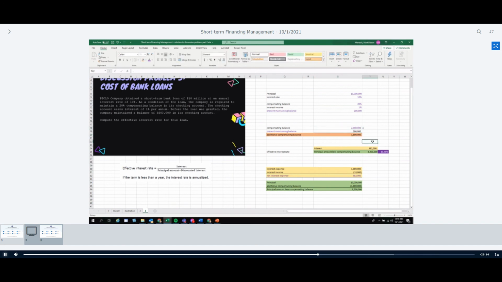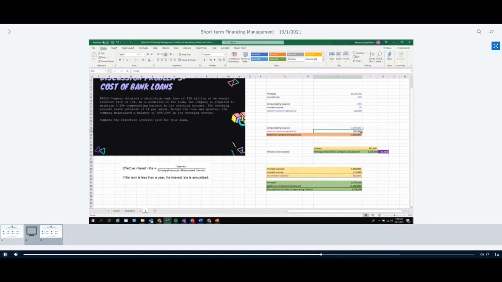So remember class, we're calculating the effective interest rate for the bank loan. And also take note that we already have the 200,000 in the bank as our maintaining balance. So meaning, walang kinalaman to dun sa kinakalculate natin na loan. Okay? And in order to satisfy the bank condition, para ma-grant yung 10 million loan natin, sabi lang naman is you have to maintain 2 million in the bank as compensating balance.